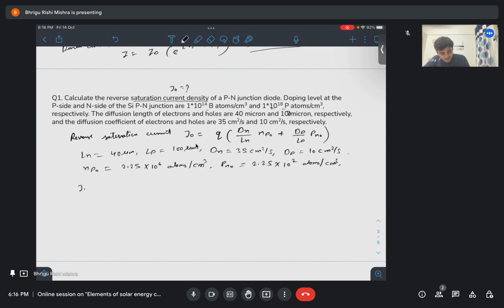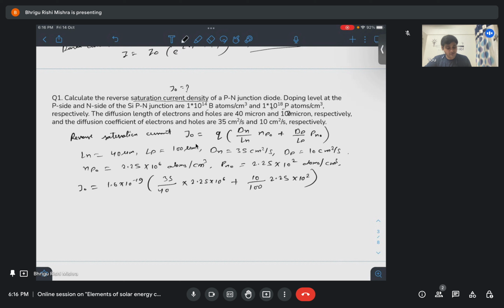Now putting all the values here, Q is 1.6 into 10 to the power minus 19, so Dn is 35 by 40 into 2.25 into 10 to the power 6 plus Dp 10 by Lp 100, sorry, Pn naught is 2.25 into 10 to the power 2.